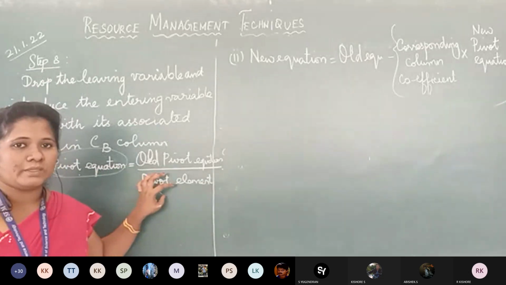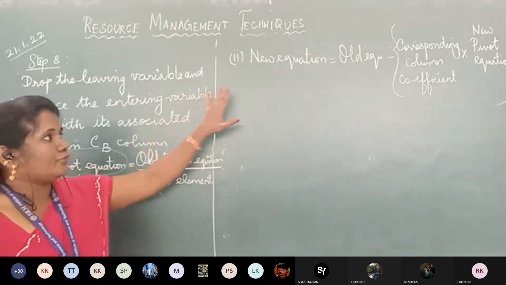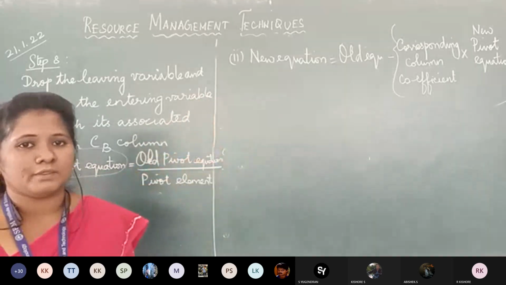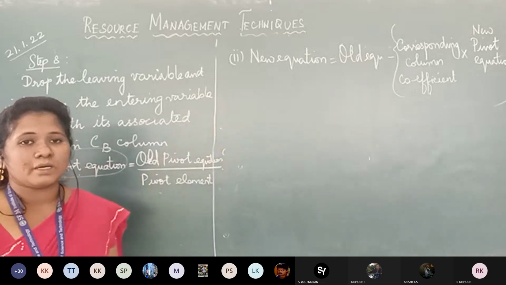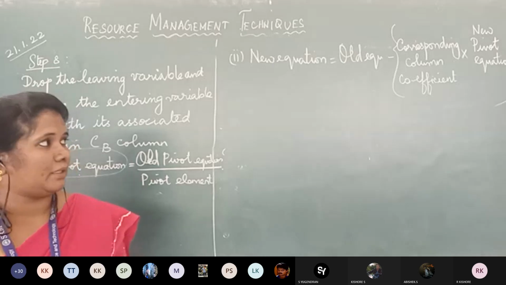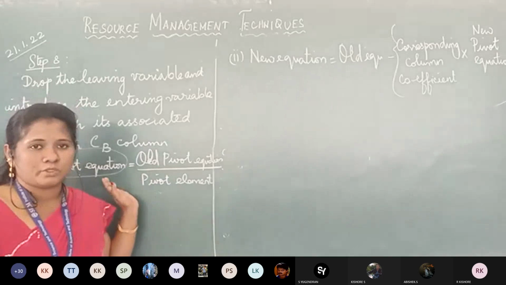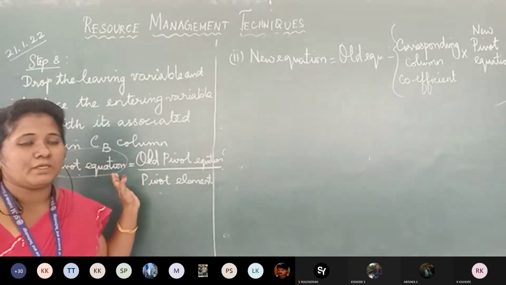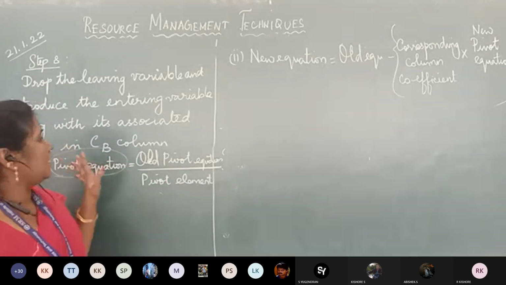So you will divide by that and get your new pivot equation. After that, you have to find your new equation for all other equations. That will be old equation minus your corresponding column coefficient into your new pivot equation, whatever you have found out, which you will multiply with that corresponding column coefficient. So that will be your step 8.